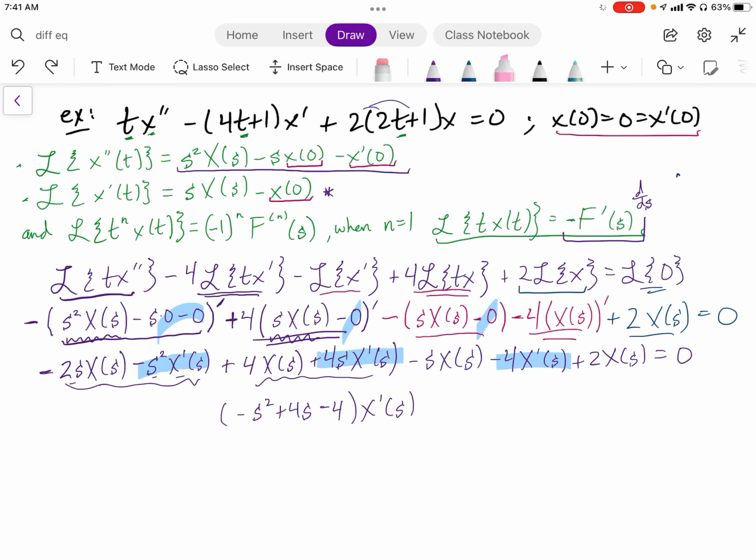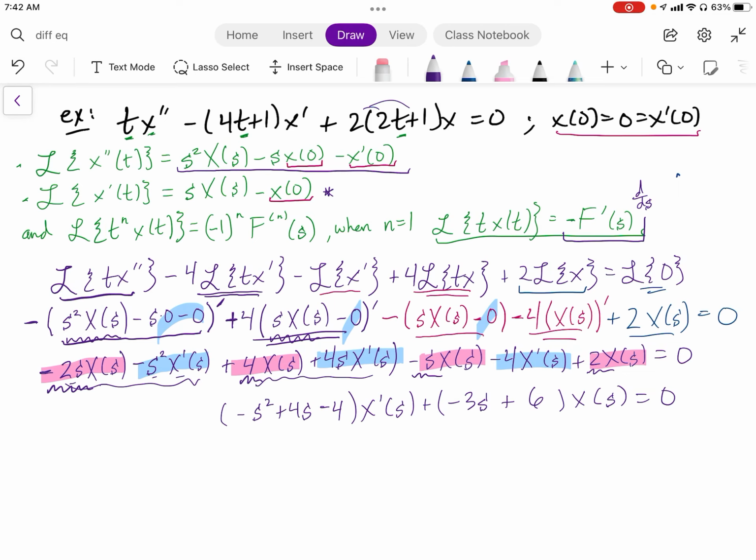Grouping all our x's, we have this one, this one, this one, this one. Can we combine any of them? Yes, we have a negative 2s and a negative s, so negative 3s, and then 4 plus 2, so plus 6.